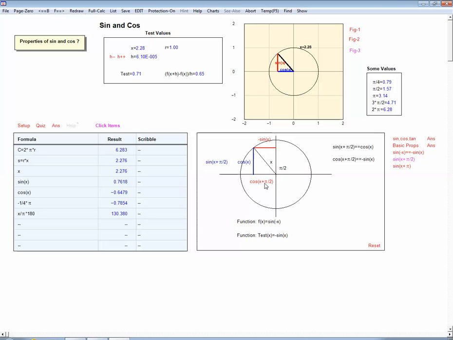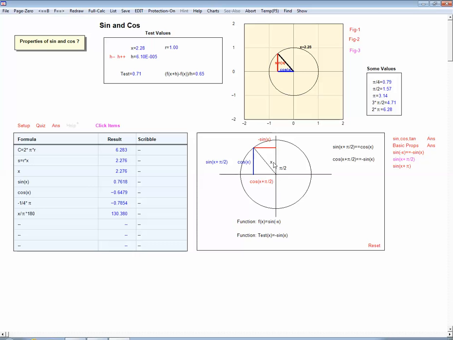And to see that, well, first of all, how do you visualize x plus pi over 2? Well, you start here and you go pi over 2 and then you go x. So it's an angle greater than pi over 2. And the angle x by itself is just from here to here. I've taken a picture that used to be over here and rotated it.